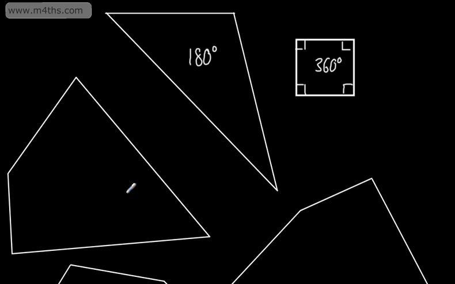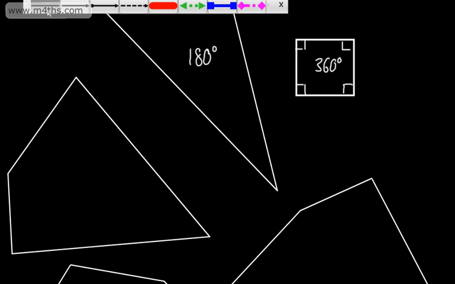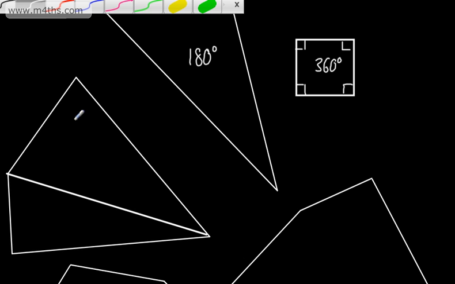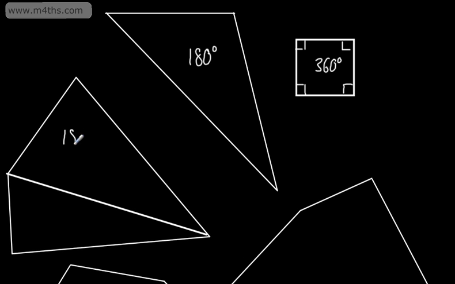If I take this four-sided shape or quadrilateral, what I'm going to do is look at how many triangles I can fit in here. So I'm going to pick one of the vertices and then go ahead and draw a line. The line is going to connect this vertex with the only other one it's not connected to, which is this. We can see now that that gives me two triangles. So here I have one triangle, which is 180 degrees, and this one just here, which is 180 degrees.